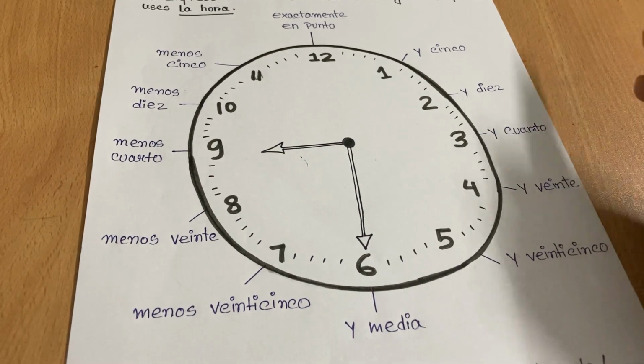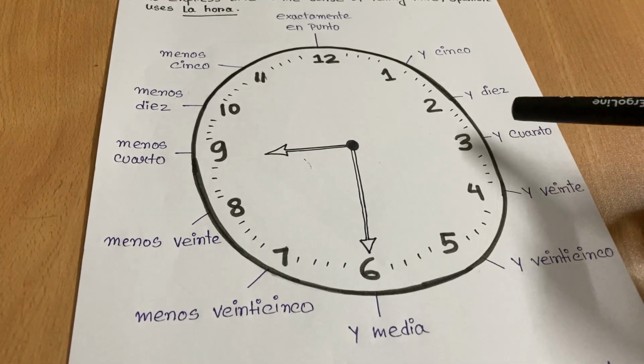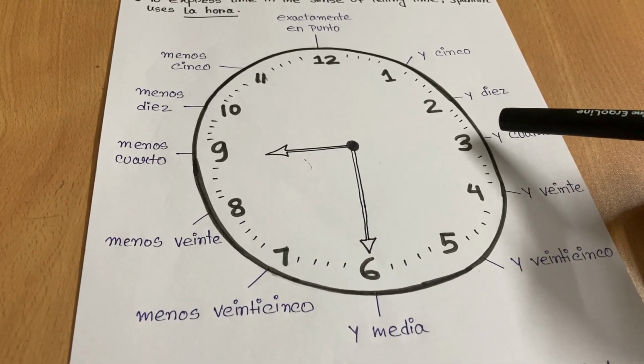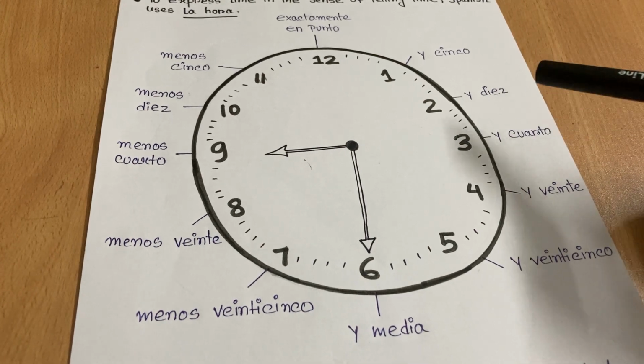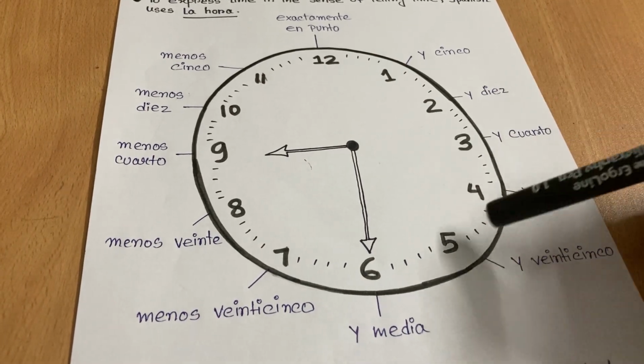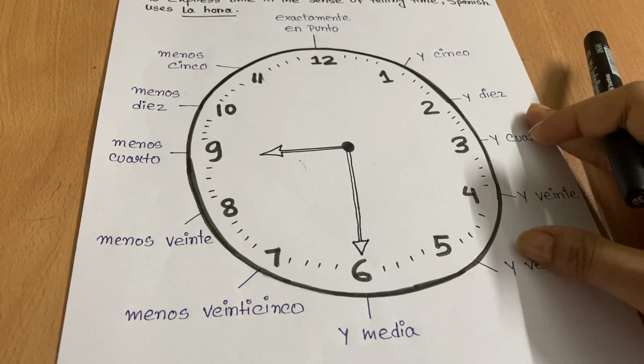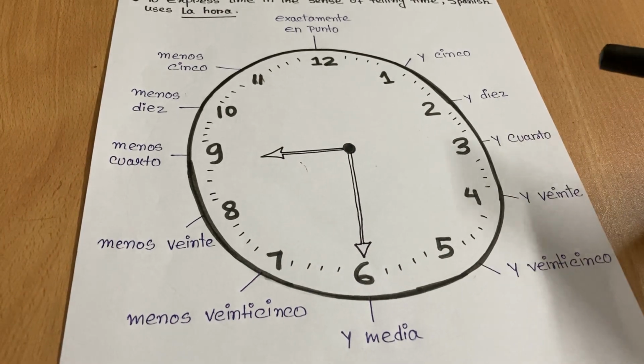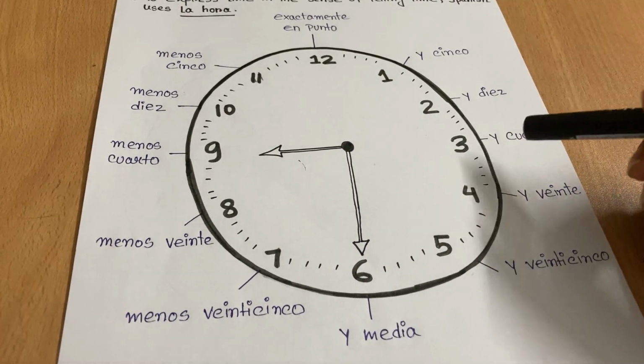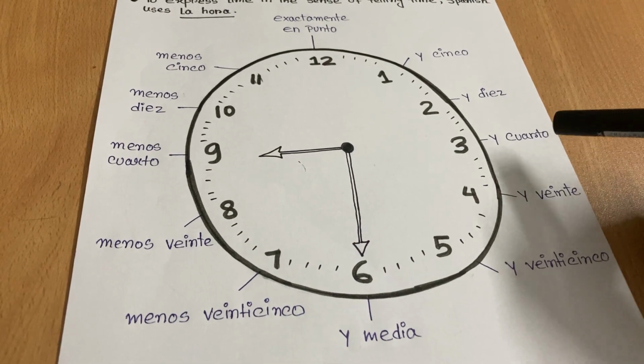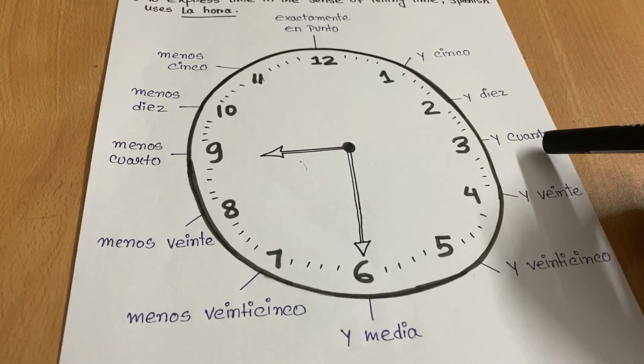Now here, as 15, we know the number is 15. But when we talk about clock time, then we can use the word cuarto. That means quarter.